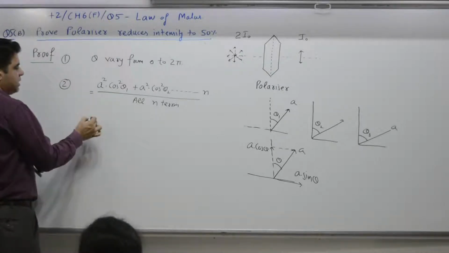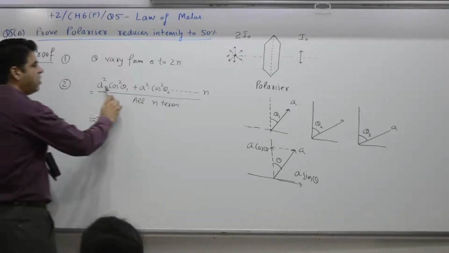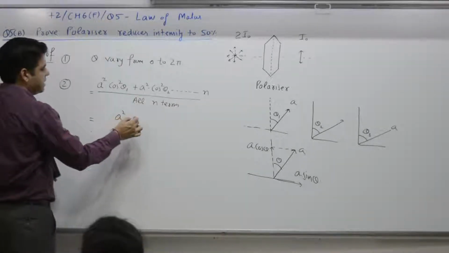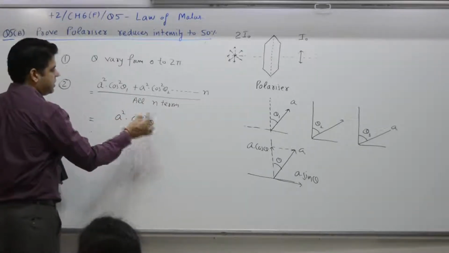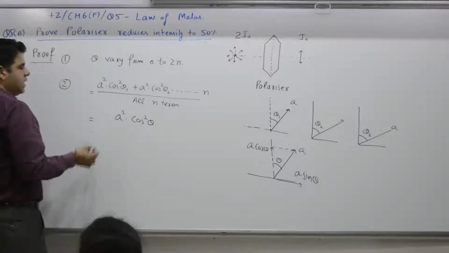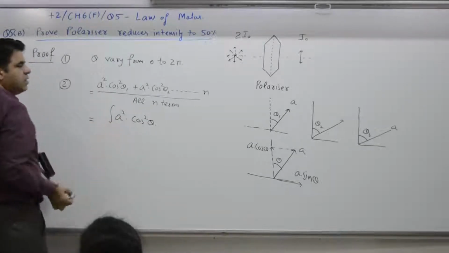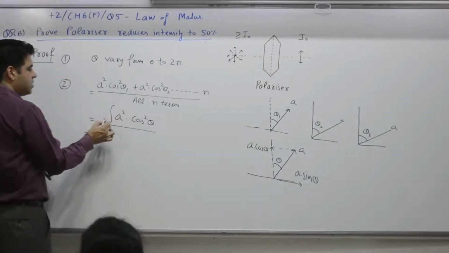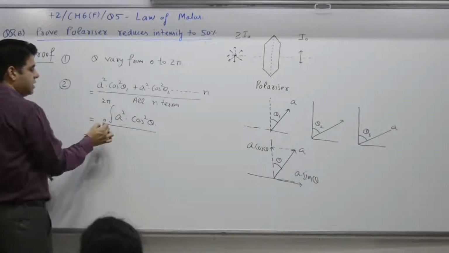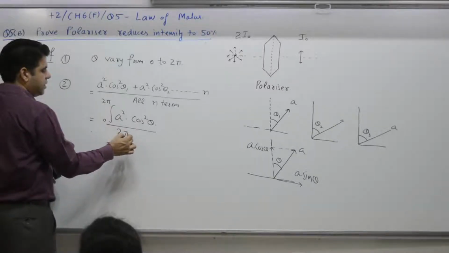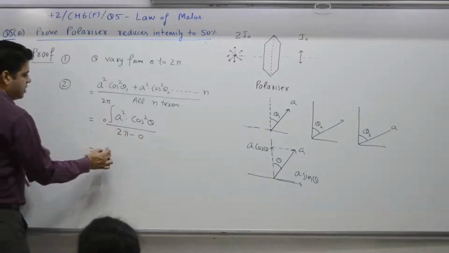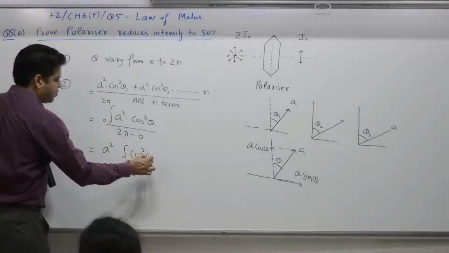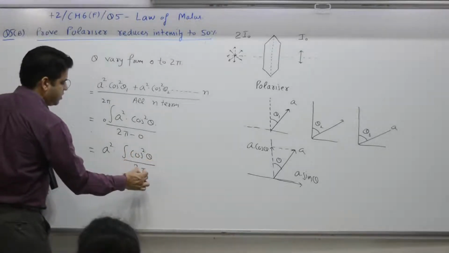Now, the mathematical aspect of this. Sum of infinite numbers is integration. Integration of A square cos square theta, divided by integration over theta varying from 0 to 2 pi. Then the limit is 2 pi minus 0. It is A square times integration of cos square theta over 2 pi.